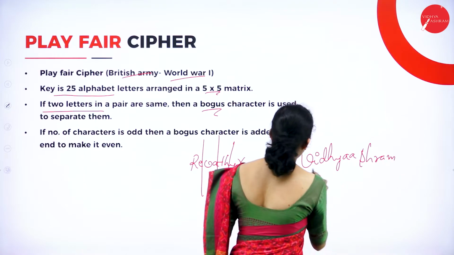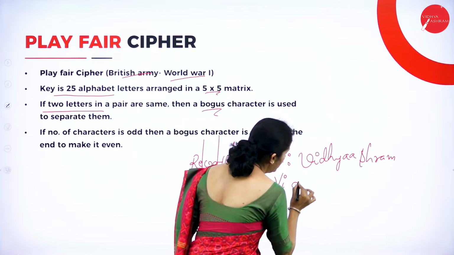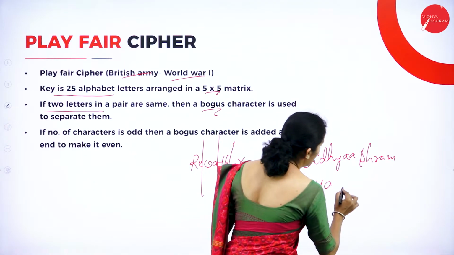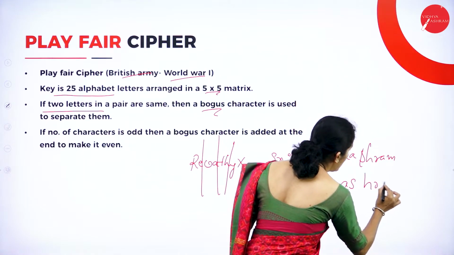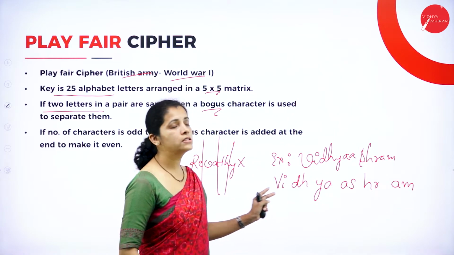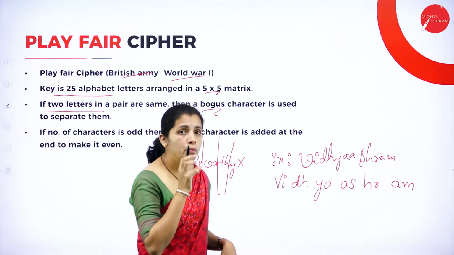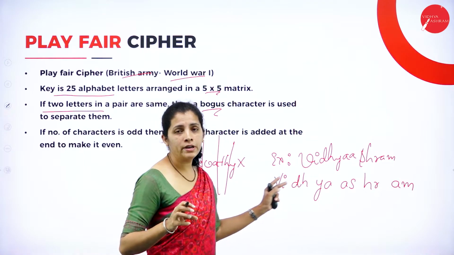Okay, now I'm going to make pairs. So I'm going to get VI, then DH, YA, AS, HRAM. See, all the pairs differ, and all the characters present in the pairs differ from each other.